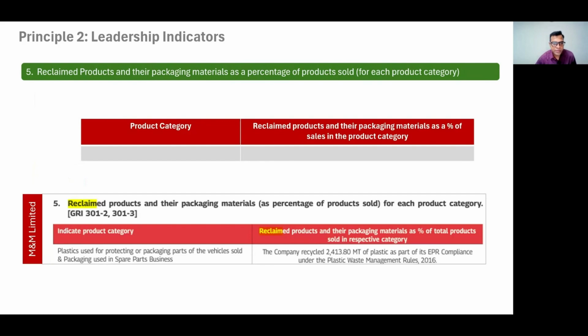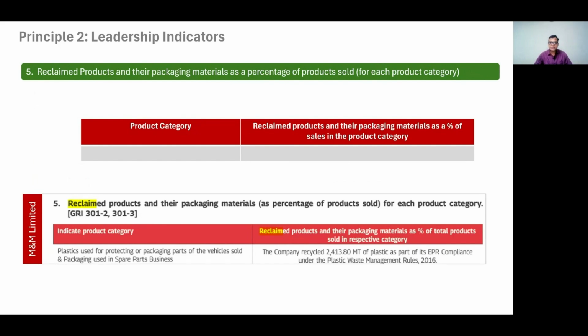Let's take the case of Mahindra and Mahindra Limited, which manufactures cars. In its BRSR report for 24-25, under this point, that is about reclaimed products and their packaging materials as a percentage of products sold, what they have mentioned is that the company has recycled 2,413 metric tons of plastics as a part of its EPR compliance under the plastic waste management rules.